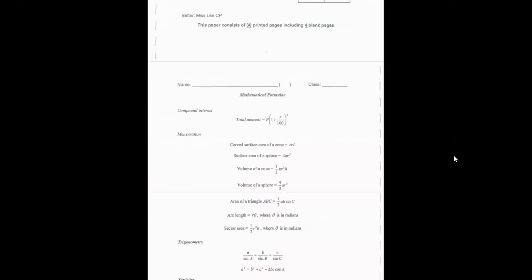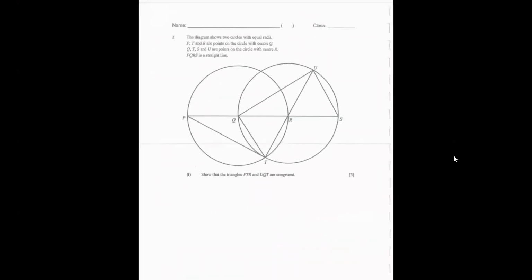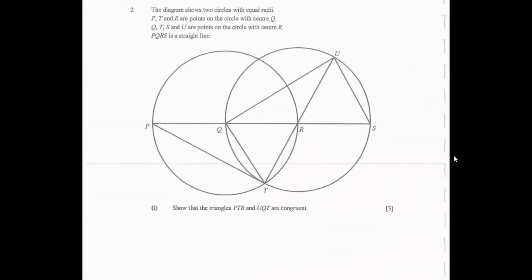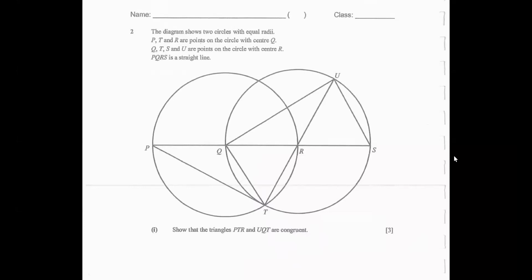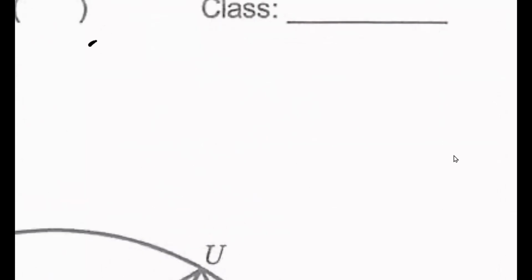I forget how to prove congruent. Prove congruent. Okay, I'll just do it on this paper. So let's just go through. So the first thing you must remember for proving is, for similar triangles, SSS, SAS, and AA.